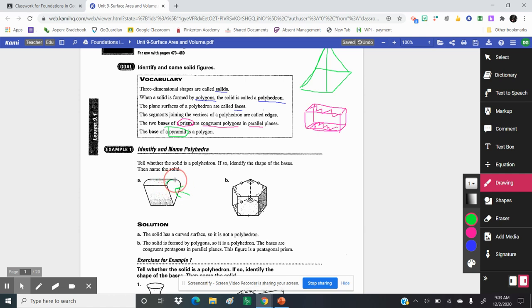It has a curved surface, so that's not going to be one of our polygons. So this is not a polyhedron. But this one here has a base that looks like this, which would be a pentagon, and has another base here, which is another pentagon. So this would be called a pentagonal prism, because the top and the bottom are pentagons. Now, if you wrote pentagon prism, I'd be okay with that.